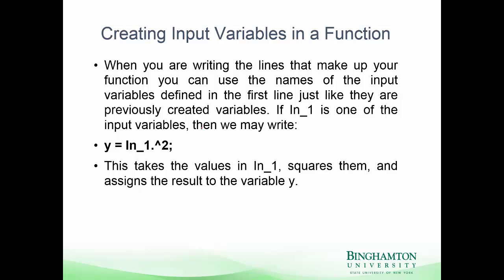If we want to do a computation with in1, suppose we want to square each element in that, we would have a line in our function that would just say y is equal to in_1 dot hat 2. That will square all those. Now inside our function, there's a variable called y. That's the square of the elements in whatever I put in the location of in1 when I call my function.